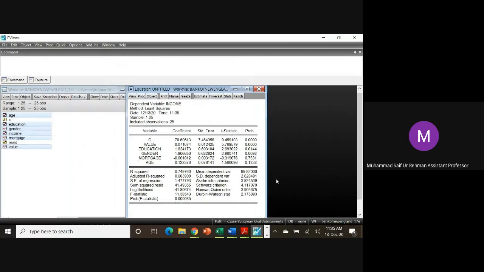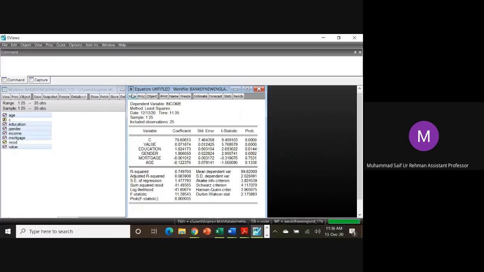So you can see from the probability value that mortgage and age are insignificant. So you may drop these two one by one from the model.